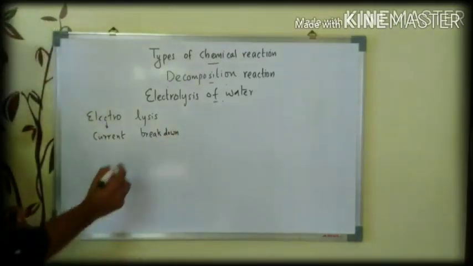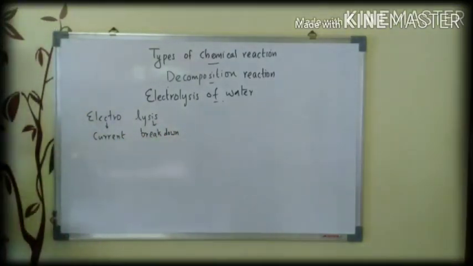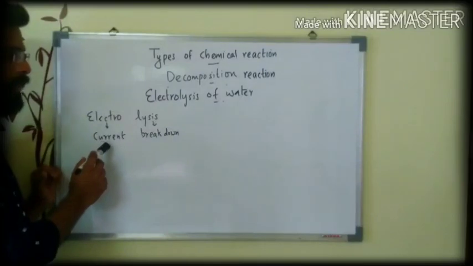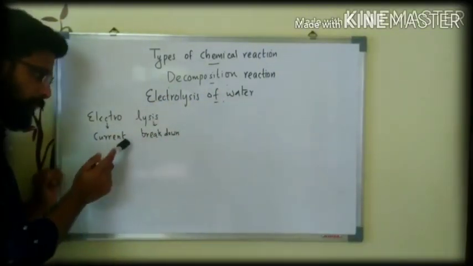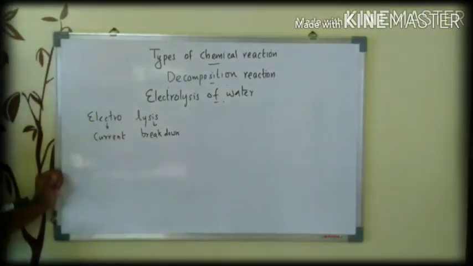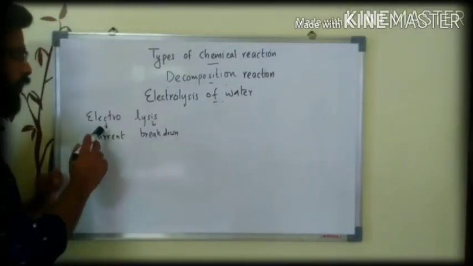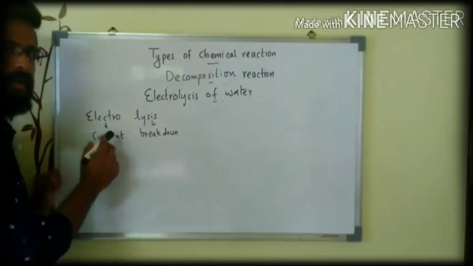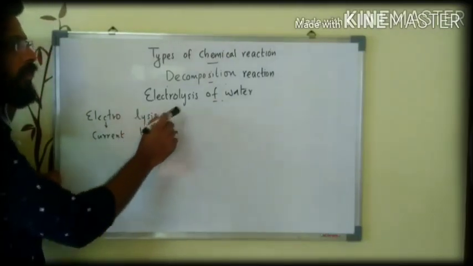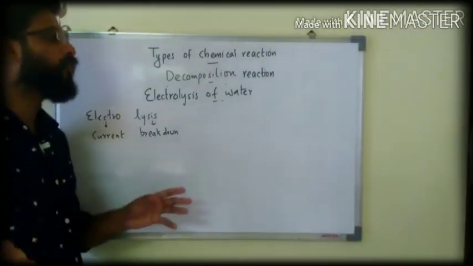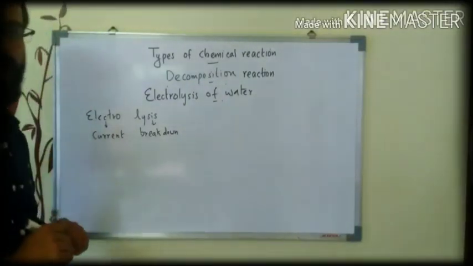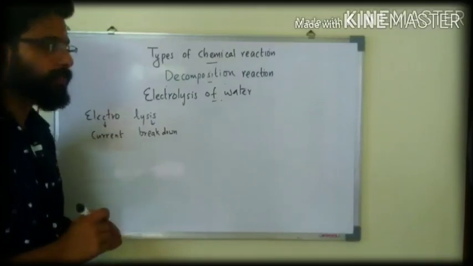That means I am going to break down the water molecule in the presence of current, and that is what electrolysis means. Breaking down a water molecule in the presence of current is electrolysis of water. For that, let me explain an activity.